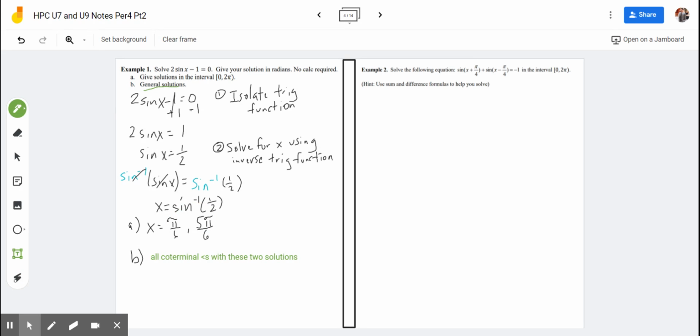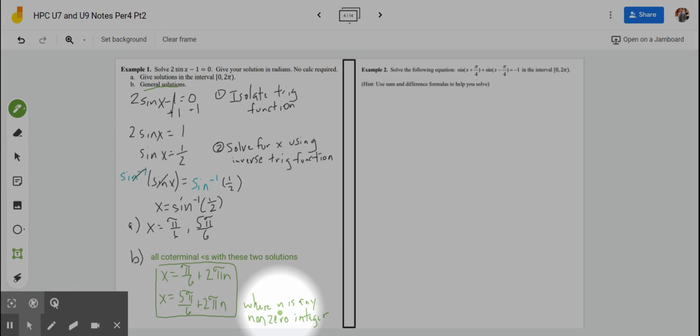So for this problem, it would be x equals pi over 6 plus 2 pi n, because sine is periodic every 2 pi units. And then we would do the same thing, 5 pi over 6 plus 2 pi n. So that way we can account for every single coterminal angle.